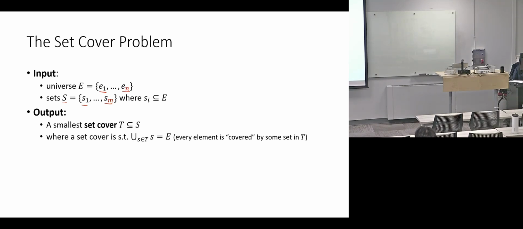Okay? And what we want to do is to find a smallest set cover. So choose a bunch of sets from S, I call it T, such that it's a set cover, meaning that the union of every set in our solution T covers everything.